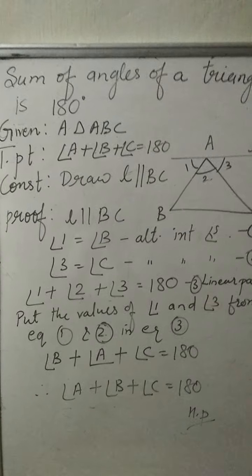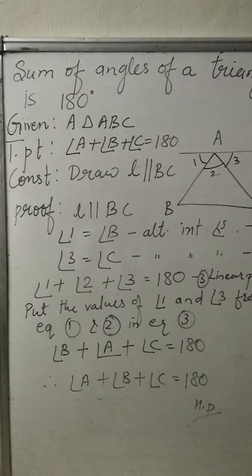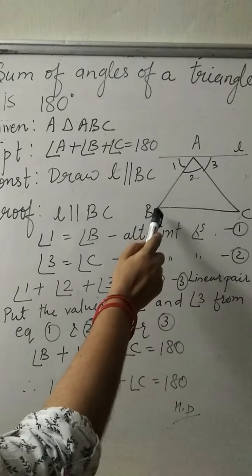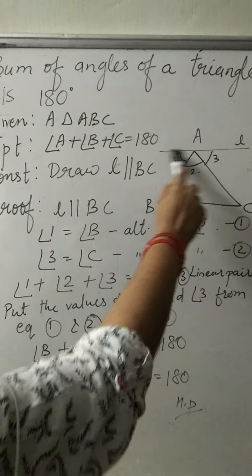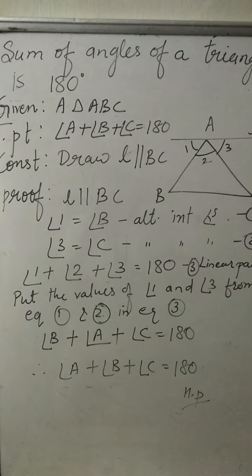For certain proofs we require some sort of construction for our support so that we can prove. So here one construction is done: draw a line L parallel to BC. So this line L and BC are parallel to each other. Now let us start the proof.